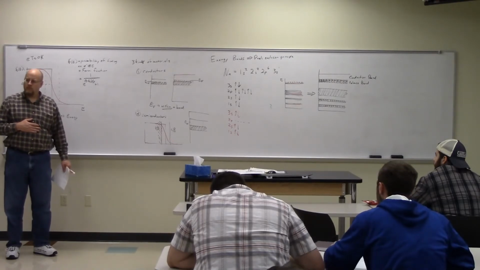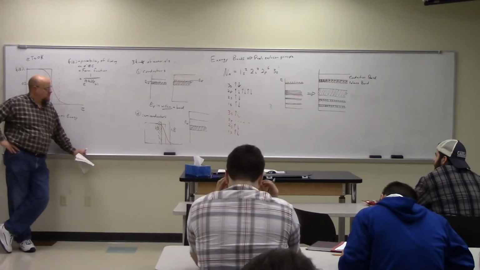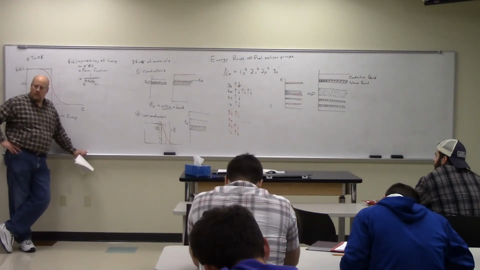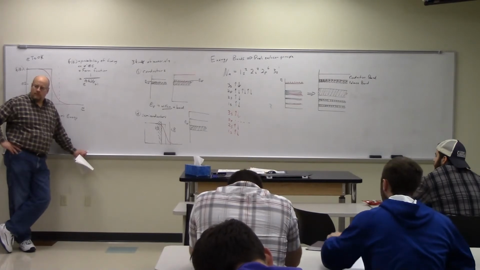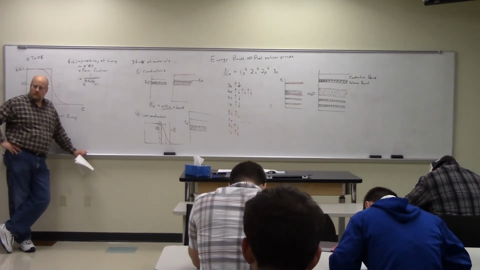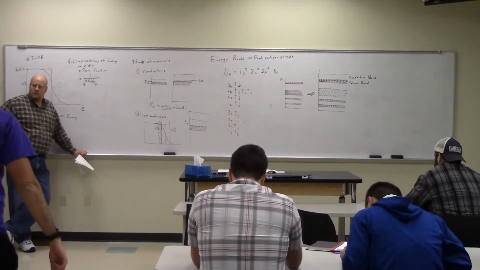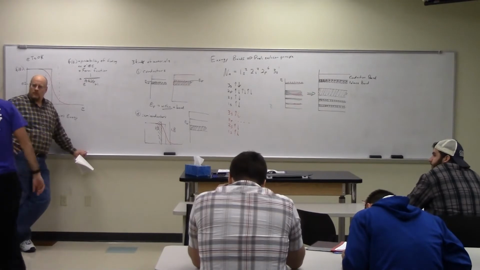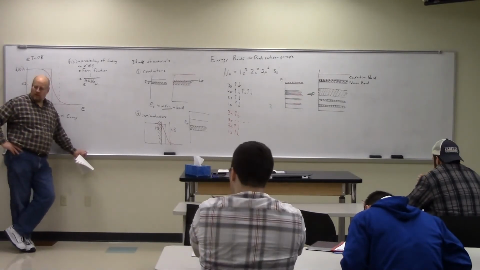Going back to the probability diagrams, I understand the function can be 1 and then go to 0, but an electron itself is not going to exist outside of the band structure.